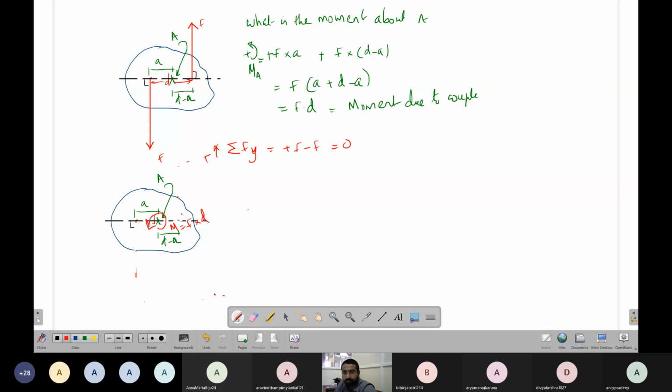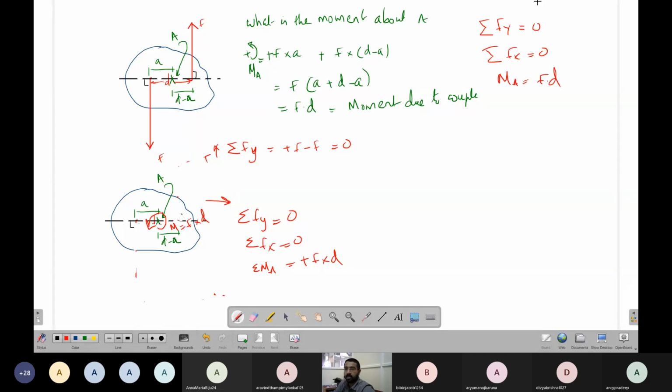The behavior of this body and the behavior of this body is the same. What is the summation of forces in the y direction? Here it is 0. What is the summation of forces in the x direction? 0. What is the moment about A? It is force into distance. This is about this body. What about this body? The summation of forces in the y direction equals 0. The summation of forces in the x direction equals 0. The moment about A equals force into distance, the same about this point.